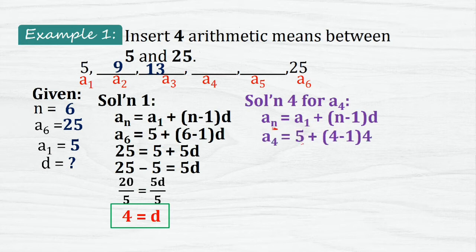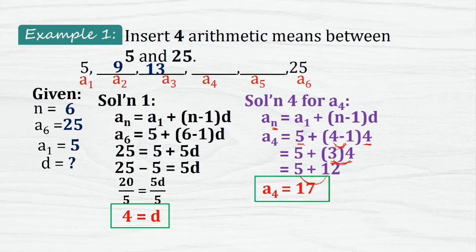Then first term is 5, n is 4 minus 1, our common difference is 4. 4 minus 1 is 3, 3 times 4 is 12, 12 plus 5 is 17. So, the fourth term, or the third arithmetic mean, is 17.